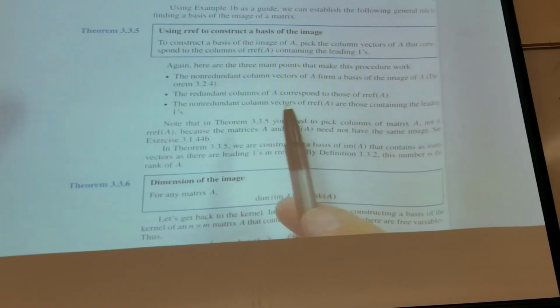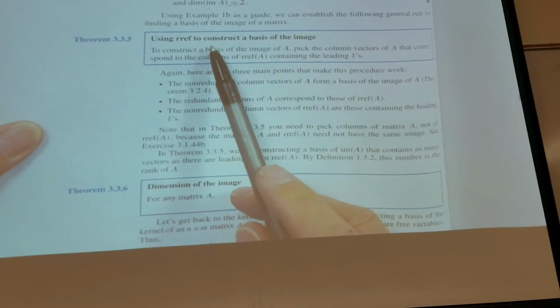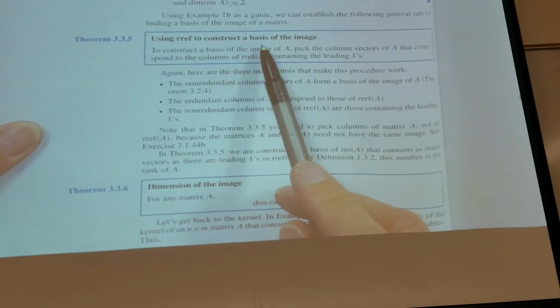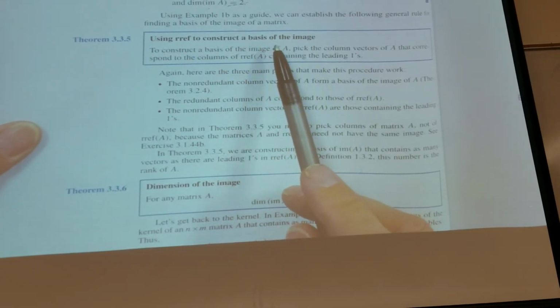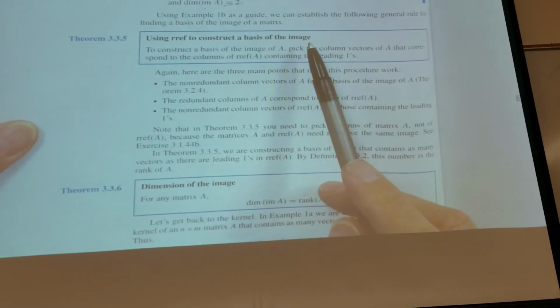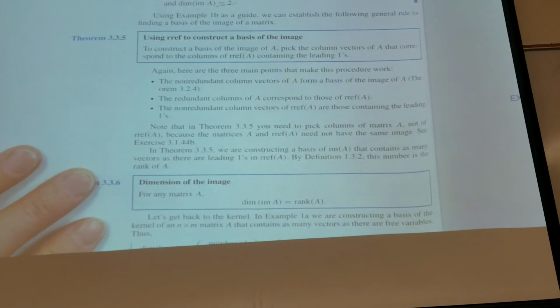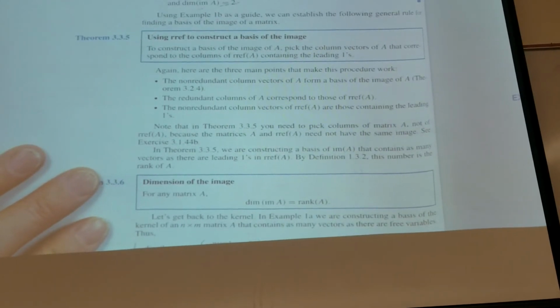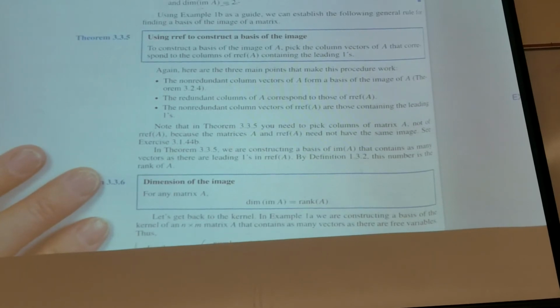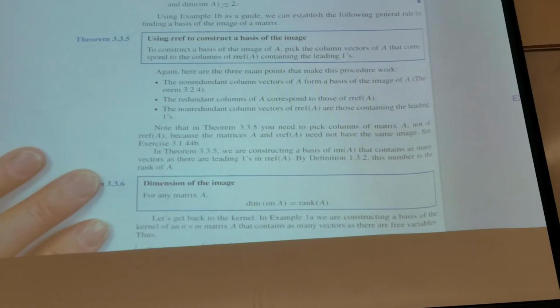So they summarize this method as using RREF to construct the basis of the image. So even though you are asked to find a basis for the image of A, you solve the problem as if you are doing Ax equals 0. Why? Because you are doing the RREF of A, right?